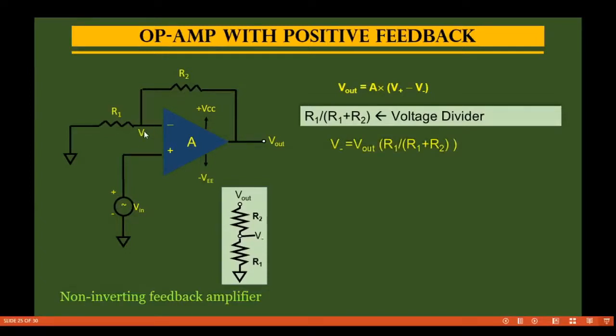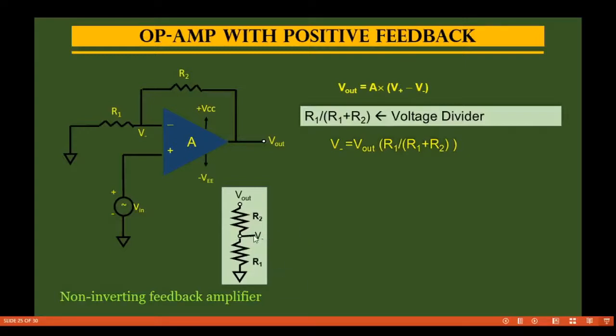So let's calculate it. V negative is equal to Vout times R1 upon R1 plus R2, which is nothing but the voltage divider network. As you can see here, this is R1 grounded, and this is the minus terminal, which is feeding into the op amp.